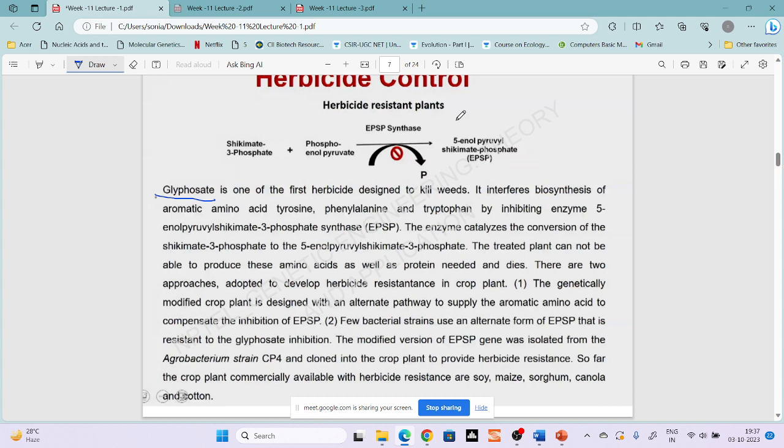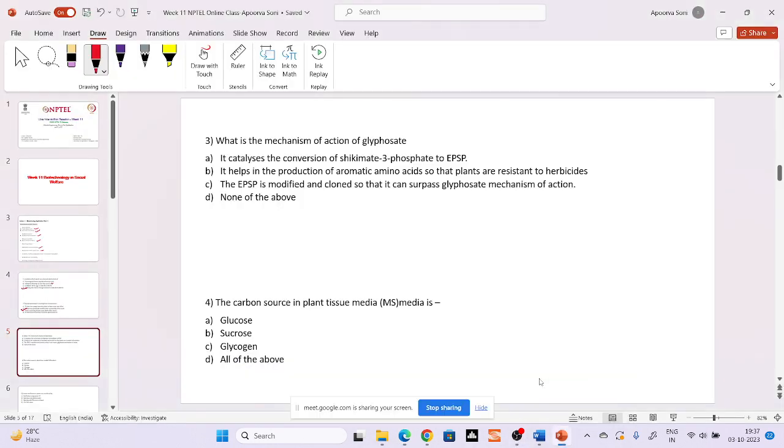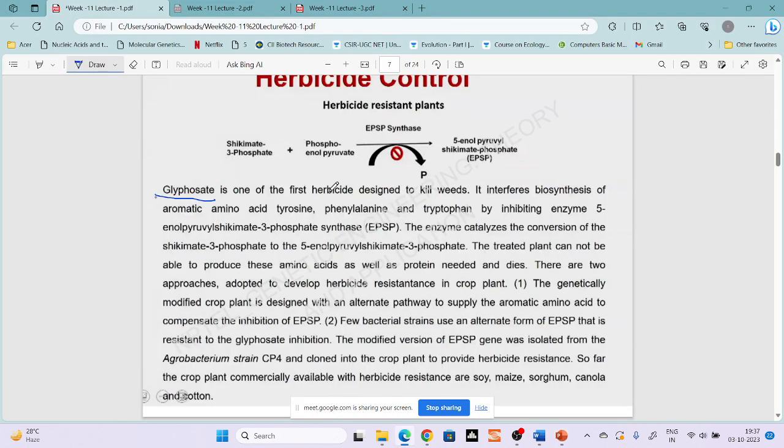Okay. So basically, you said this option, which is that it catalyzes the conversion. No, this is the pathway that helps in the production of aromatic amino acids. So glyphosate is inhibiting this pathway. Here it is written that it interferes with the biosynthesis of aromatic amino acids.